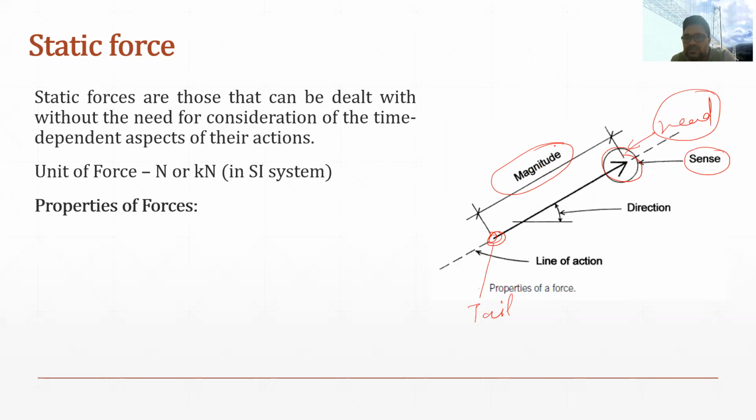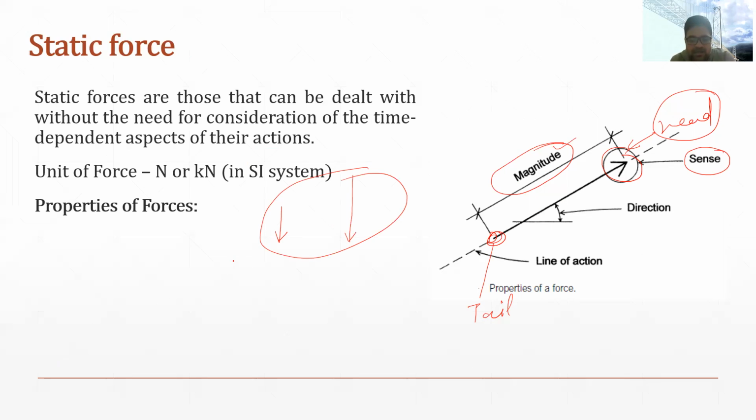So 5 kg force will be drawn to scale, and that is why I am saying the length of the force shows the magnitude. If I say 5 kg force, the length of the force may be like this. If I say 10 kg force, then 10 kg force will have an arrow of double the length. Okay, so this is how we express our force graphically.